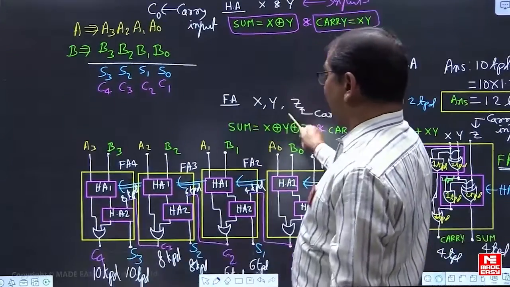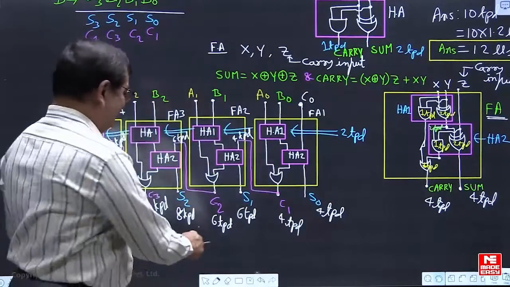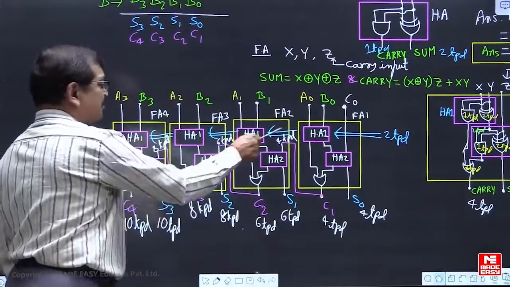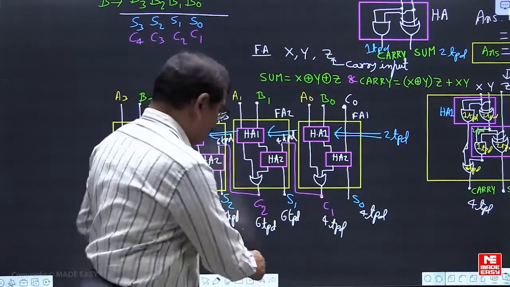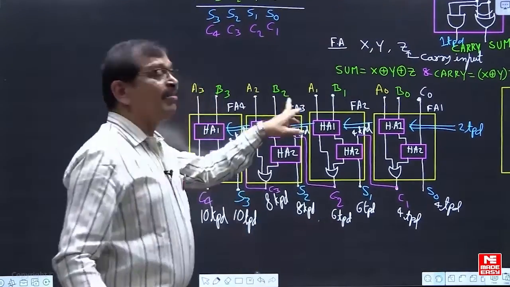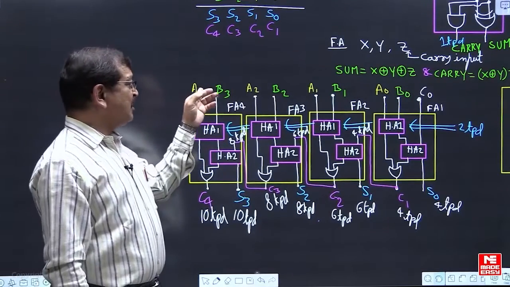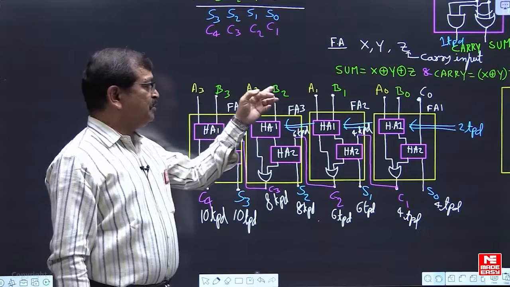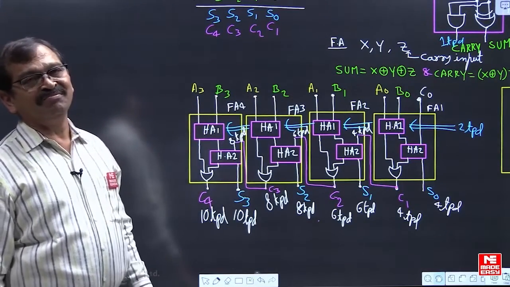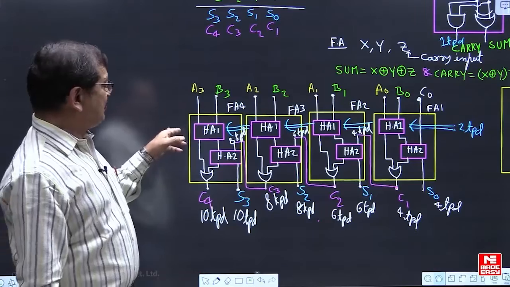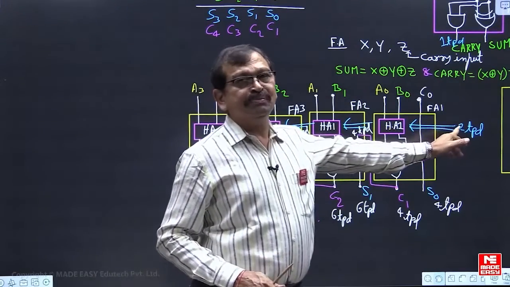Right? So very critically you have to think. The half adders that we have in each full adder, the first half adders, all of them are completing their job simultaneously. Why? Because the external inputs A3, B3, A2, B2 and so on, A0, B0 are directly going to the first half adder. So the first half adders of each block are completing their job within the 2 TPD time.